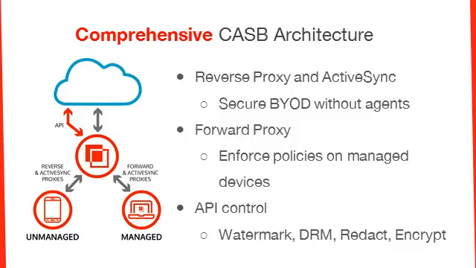And so what we enable with the reverse proxy and ActiveSync proxy is not only native contacts, calendar, and email on a user's mobile device, but also the ability to access things like Google Apps or Office 365 on an unmanaged mobile device and still secure the data on that device, right?